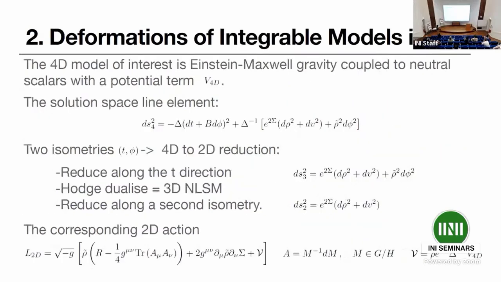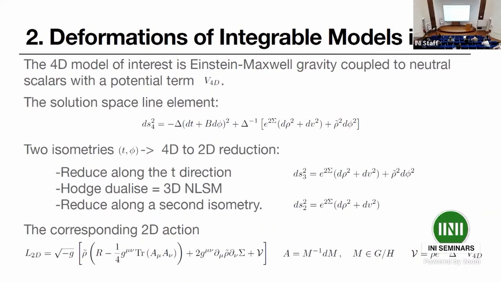So if we look at the two-dimensional model, as I mentioned, let's start in 4 dimensions. Take Einstein-Maxwell gravity coupled to a bunch of neutral scalars for which there is a 4-dimensional potential term.